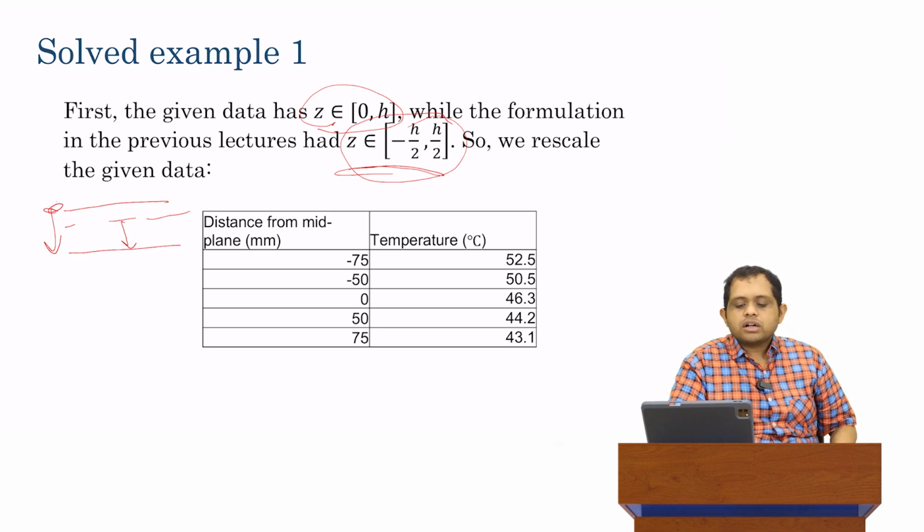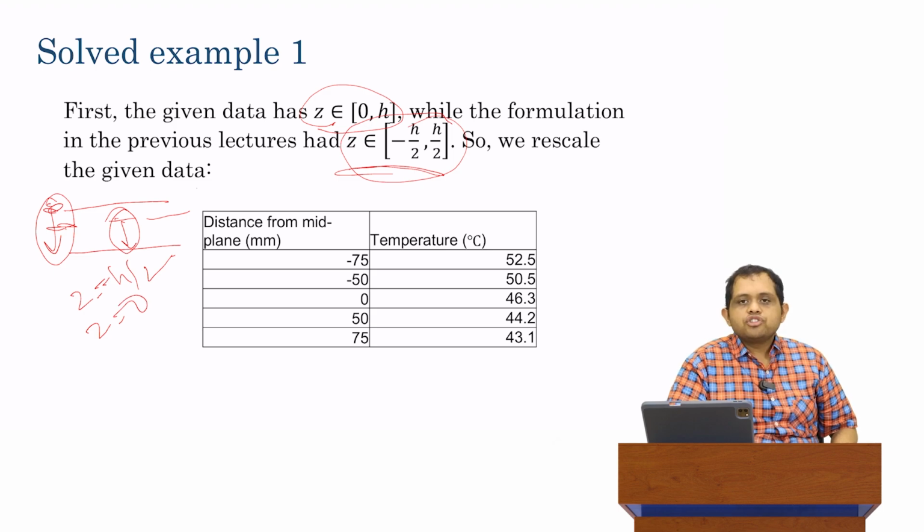What we have is in our given coordinate system, the neutral plane is at z is equal to h over 2. And then in the required coordinate system, the neutral plane is at z is equal to 0. So all we have to do is take our original data, let's say it's z, and subtract h over 2 from it.